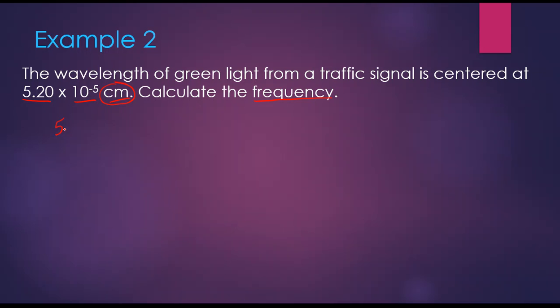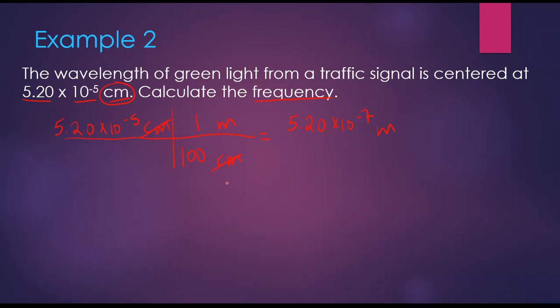So 5.2 times 10 to the minus 5 centimeters. And if you recall your conversion factors for centimeters to meters, there would be 100 centimeters in 1 meter. So when you divide this out, you get 5.2 times 10 to the minus 7 meters, because centimeters cancel.